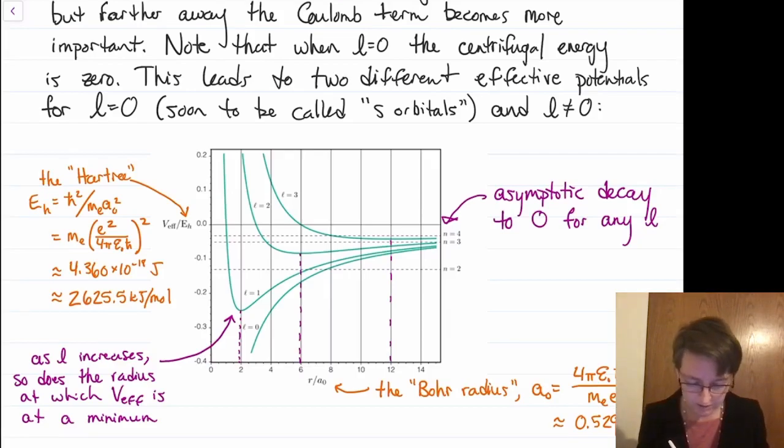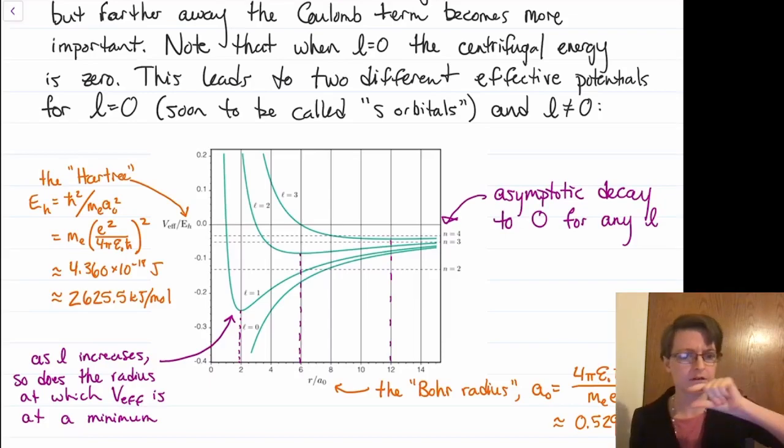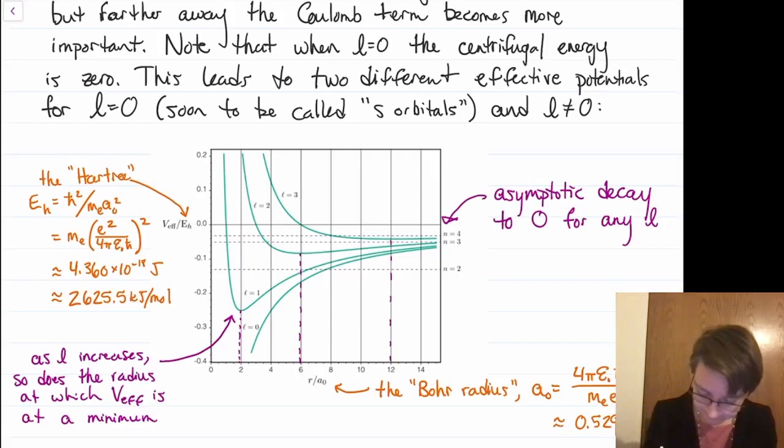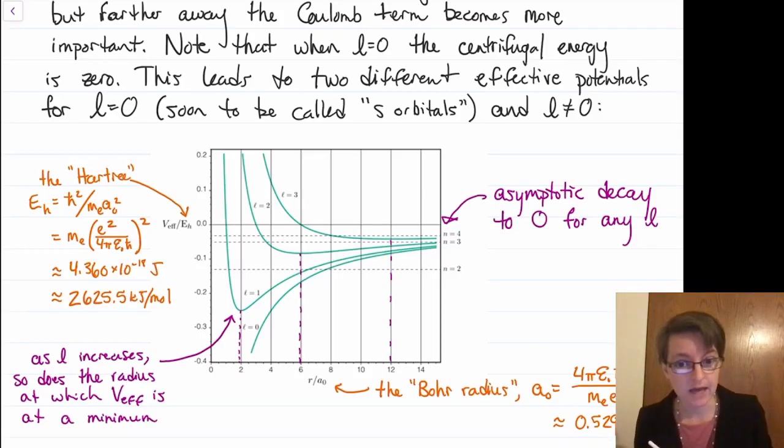This 1 over r squared term isn't that important, and all the functions are going to converge to the same point if we went farther and farther away from the nucleus. At short distances, and I would even say at chemically relevant distances of 1 to 2 angstrom, we see that this r squared term is dominating for any function where L is not equal to 0.